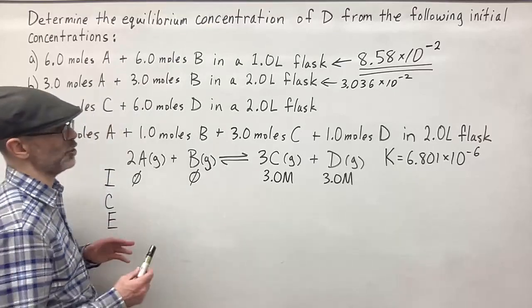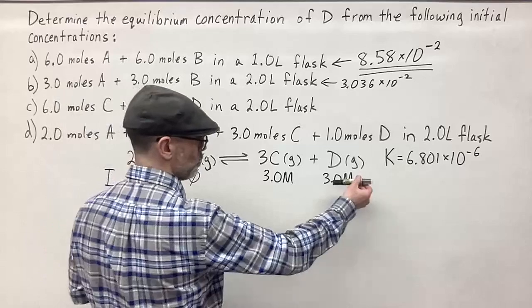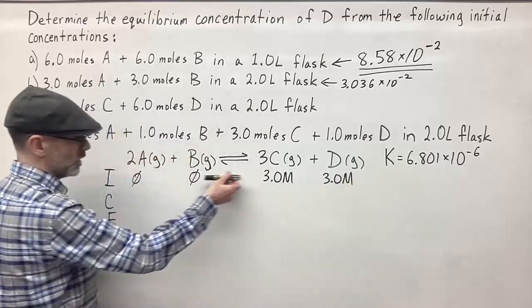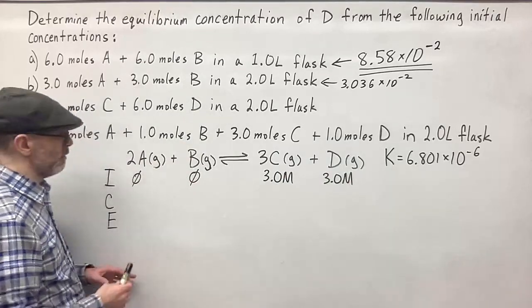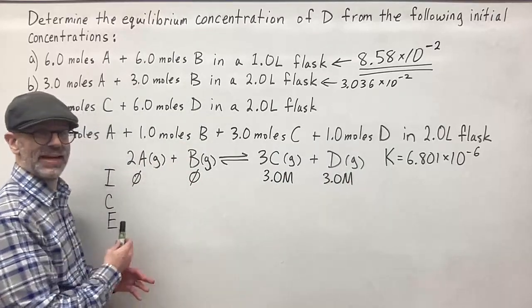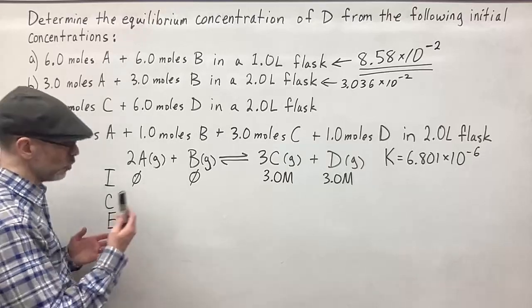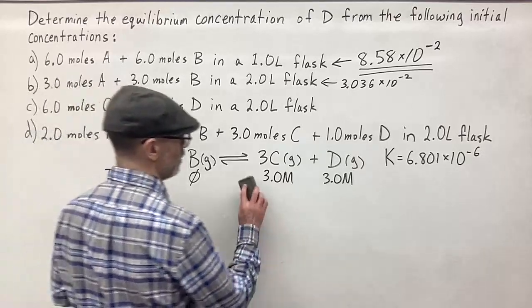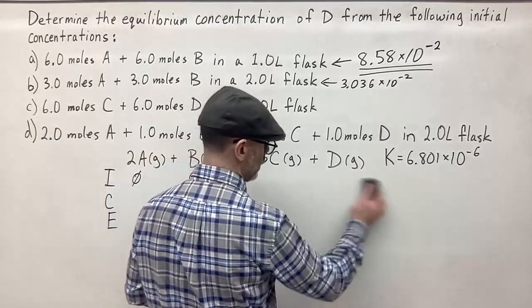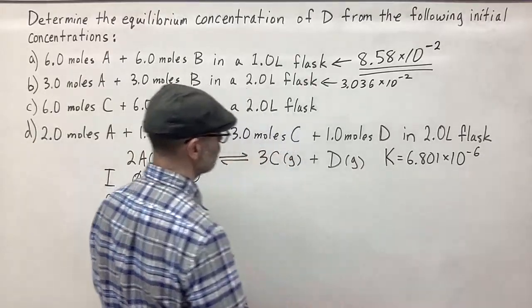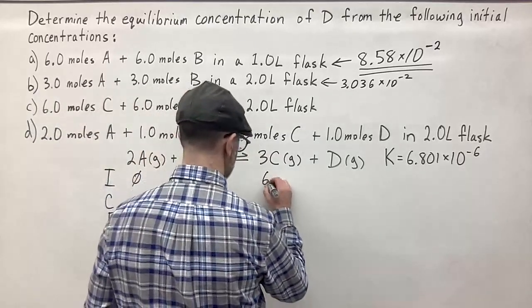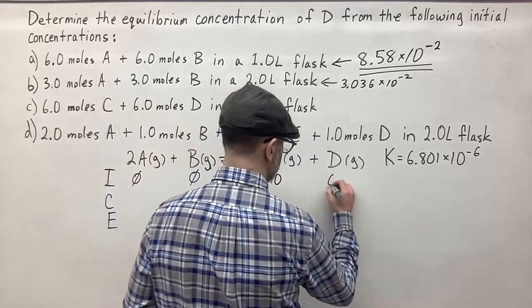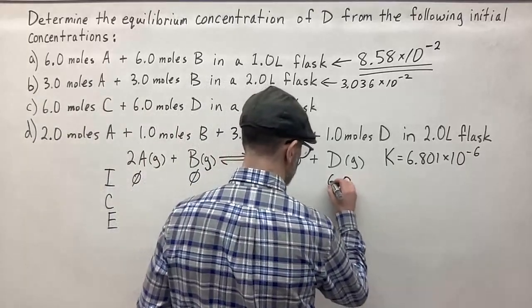We're going to assume that all of this goes to completion this way, do the stoichiometry first, figure out what we have at the end, and then go from there. So let's go ahead and do that. We'll do the molarity a little bit later, but not right now. So we got 6.0 moles here, 6.0 moles here.